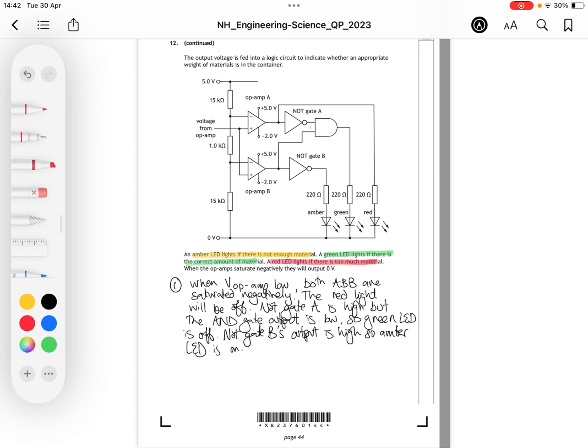And lastly, ask yourself, have I understood what the question is asking enough to say, yeah, this is what the circuit's doing? It can also help if you're not sure what the circuit's doing to follow it through, and that can help find faults if you're shown a question like that.